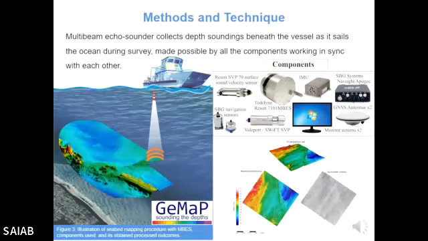After processing this data through software such as HIPS and QPS, it can be displayed in Surfer or ArcMap, for example, and one can produce output maps like the one at the bottom right. This is only possible if the components of the system are working in sync with one another.